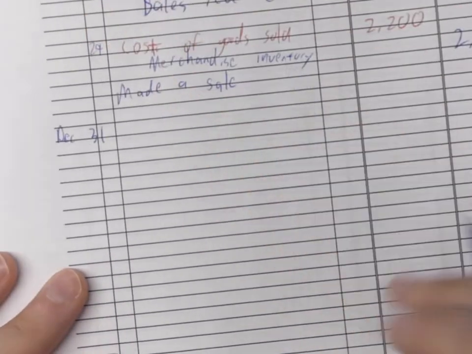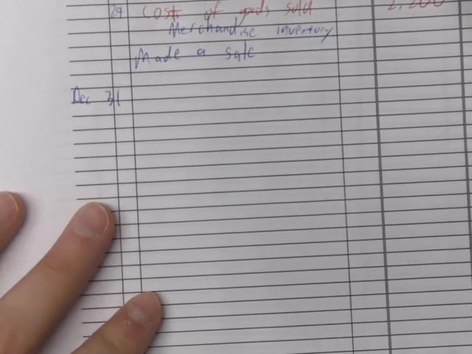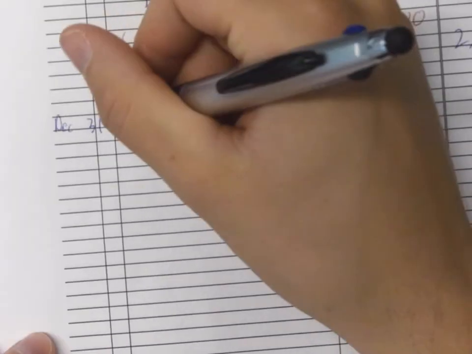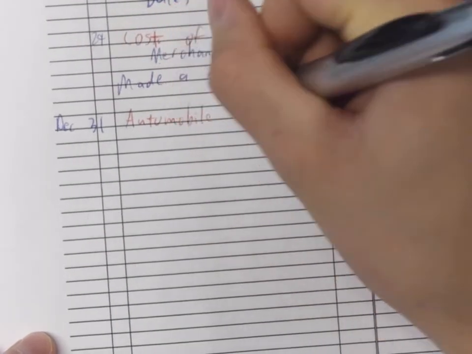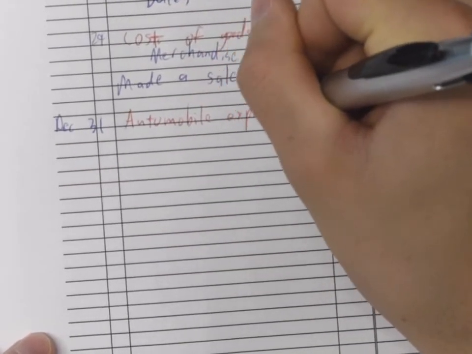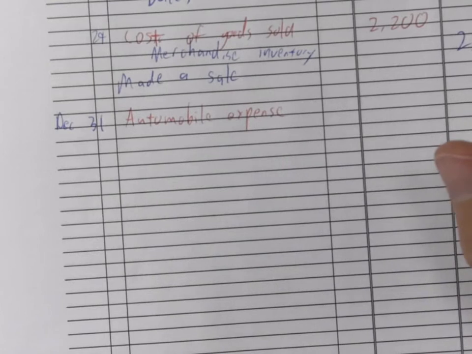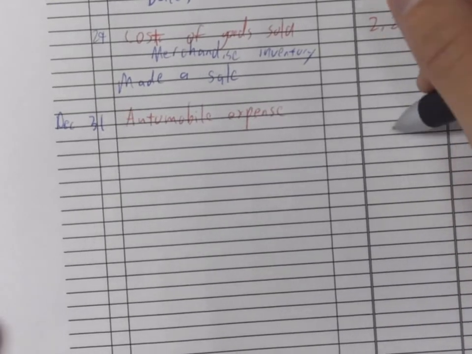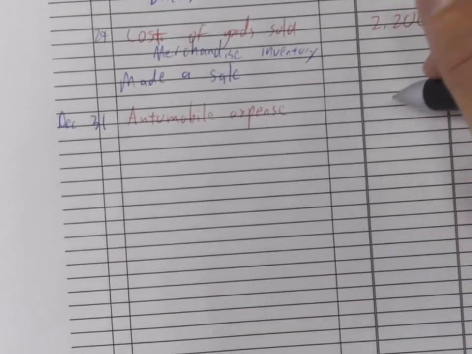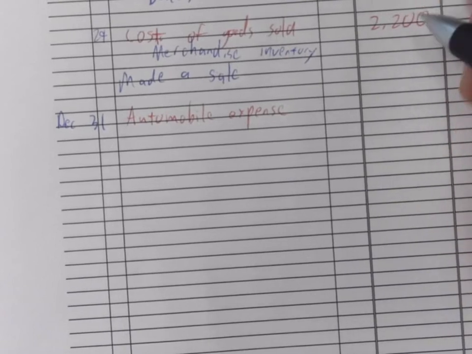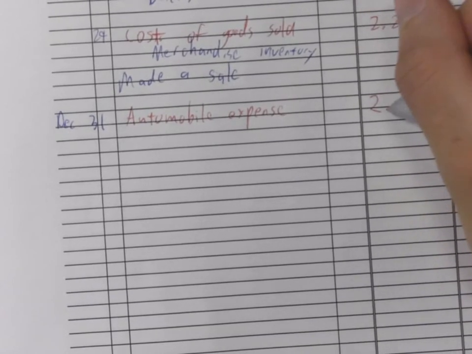So we have automobile expense, which we have, what did you say it was again, Riley? 2,560.